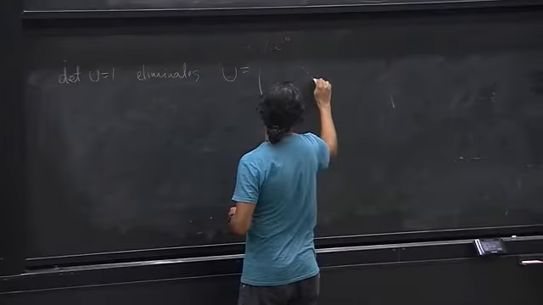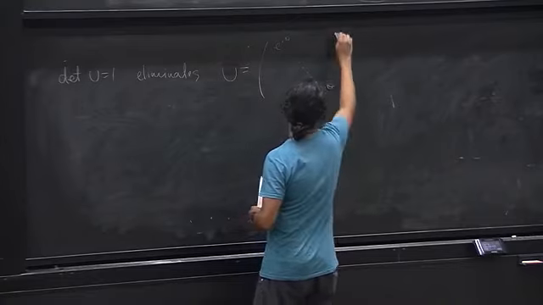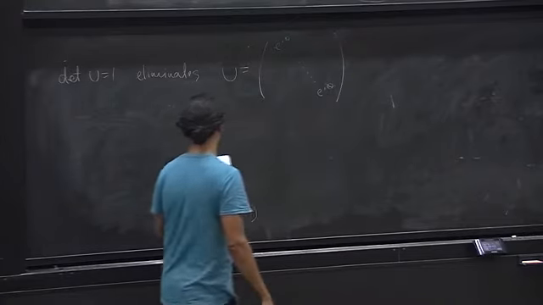The determinant of U equals 1 eliminates diagonal matrices of this form, up to a caveat.